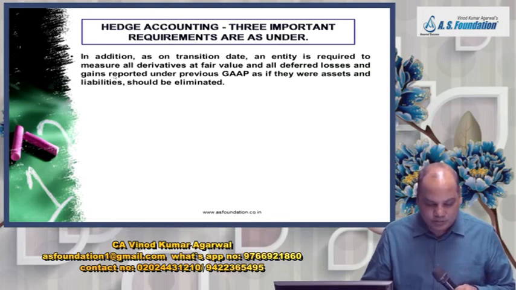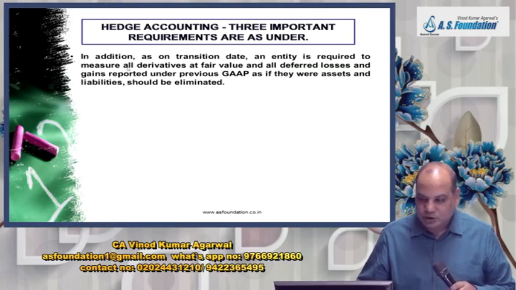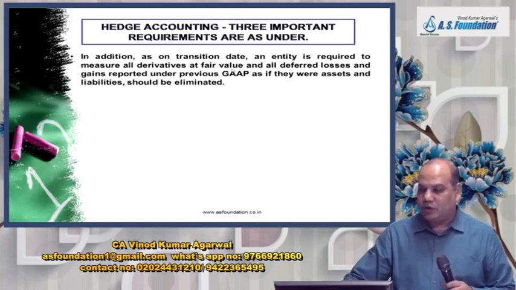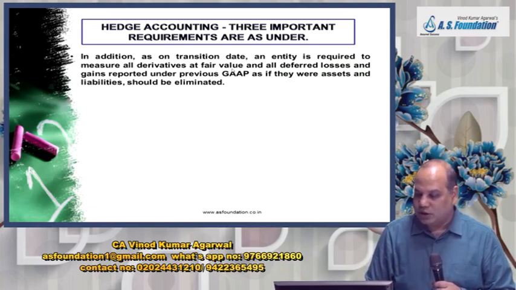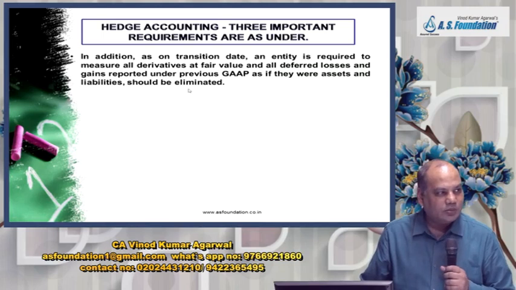And now one more point, tick mark or underline for any case study problem. In addition, as on transition date, an entity is required to measure all derivatives at fair value. As on transition date, all your opening derivatives will be measured at fair value. Now even if that derivative does not exist on your previous GAAP balance sheet, and all deferred losses and gains reported under previous GAAP, if they were assets or liabilities, should be eliminated.